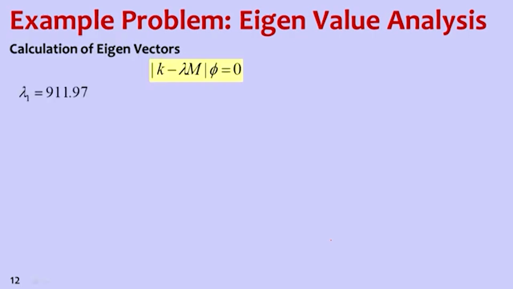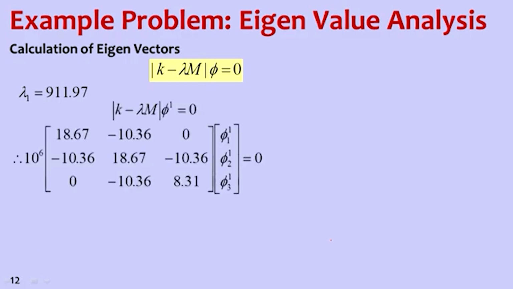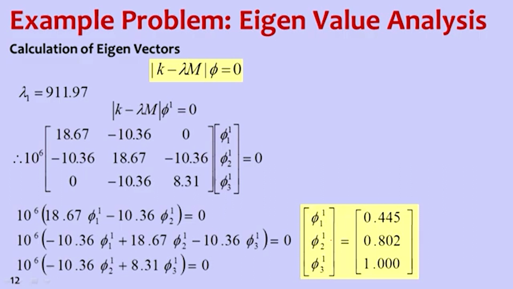Now if we calculate the eigenvector corresponding to lambda 1, then we get this, corresponding to lambda 1. You can see this 1.802, 0.445 value. Let me explain: K minus lambda m into phi 1 is equal to 0.